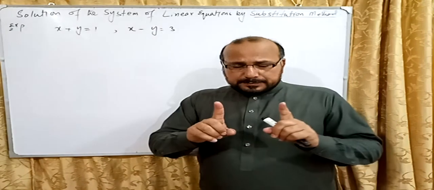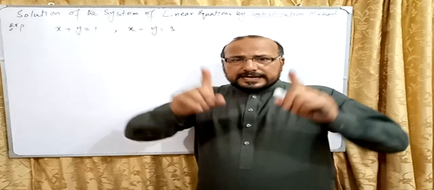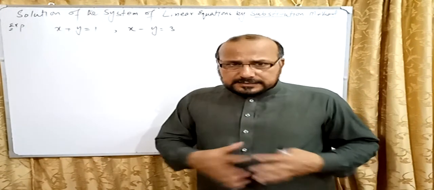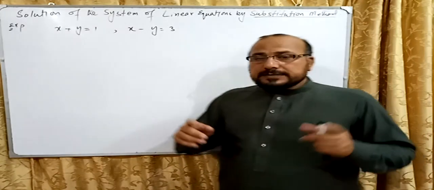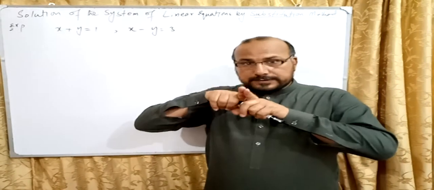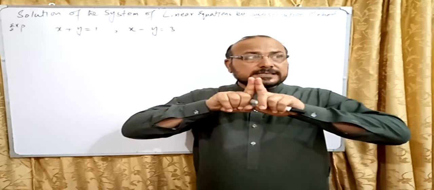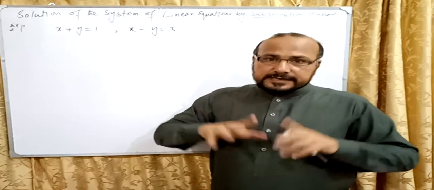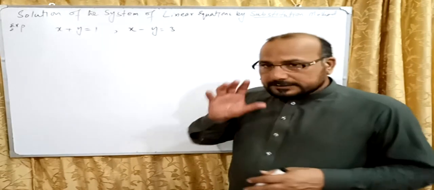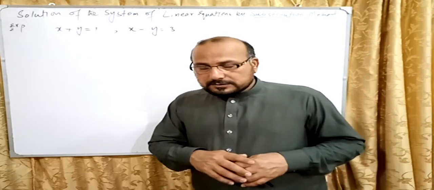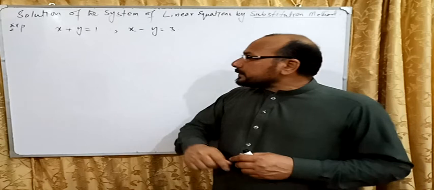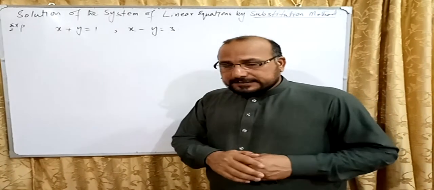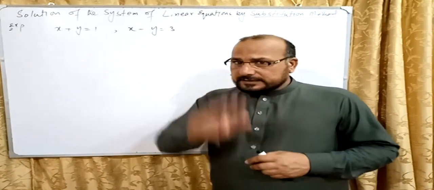Sometimes the lines are parallel, so they do not intersect each other, and we have no solution. And third, sometimes the lines are the same, so the two lines intersect each other at infinite points, and in that case we have infinite solutions.